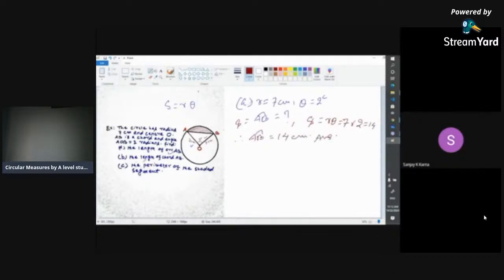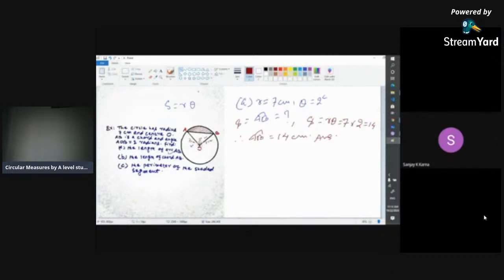Now in question B you have to find the length of this chord. This is a bit tricky. Here you require some geometrical skill, and if needed some trigonometrical skill. Do you remember the theorems in circles? There are a lot of theorems in circles and triangles that we have already done in grades 9 and 10, also in your IGCSE.